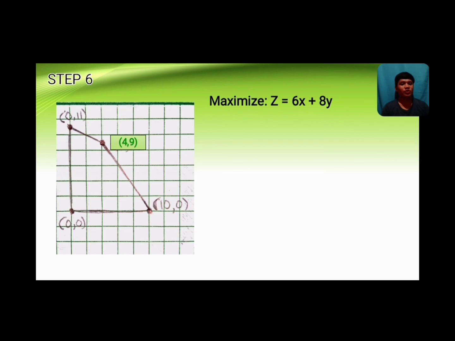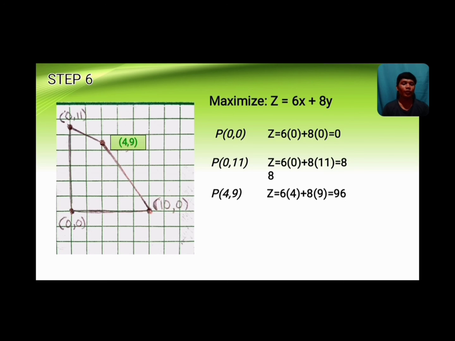So we have to solve for each point. For (0, 0), we substitute the values of x and y: z = 6 times 0 + 8 times 0 = 0. Next is the point (0, 11): z = 6 times 0 + 8 times 11 = 88.